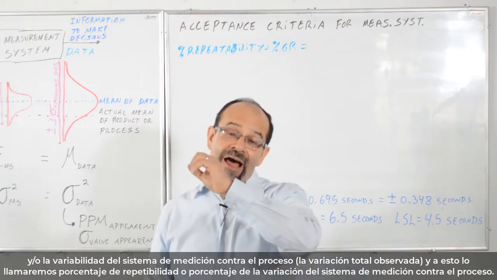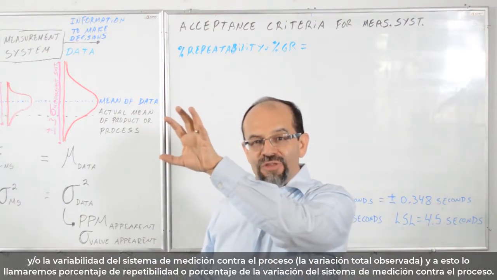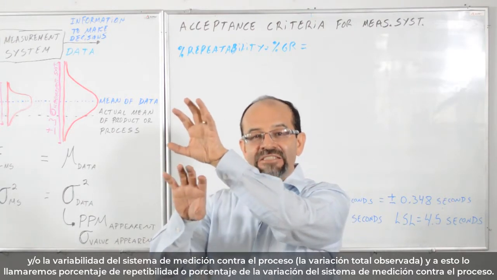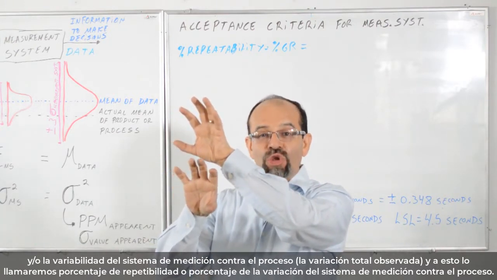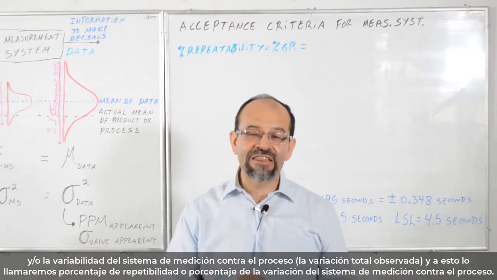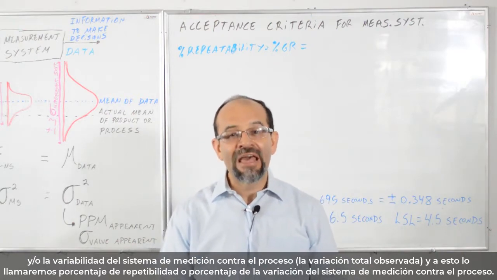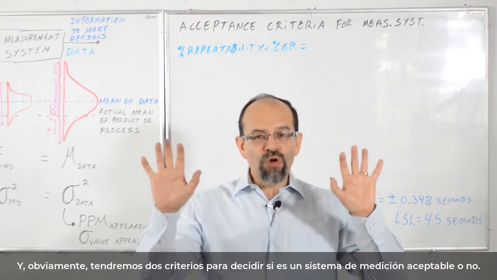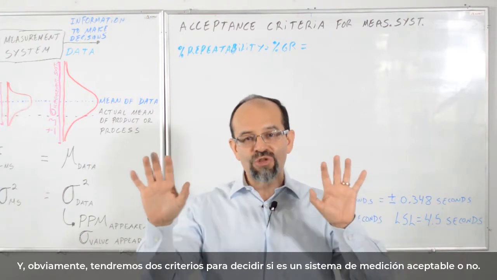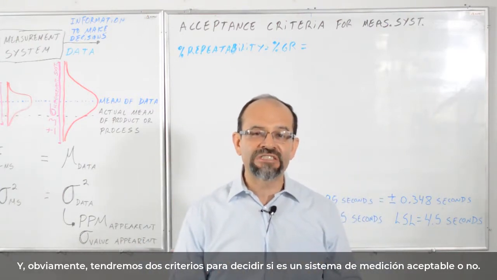Or the variability of the measurement system against the process, against the total variation observed. We are going to call that one percentage of variability of the measurement system against process. And of course we can have those two criteria to decide if it's an acceptable measurement system or not.